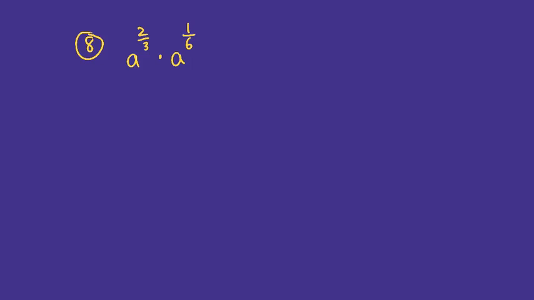Number 8, a to the 2/3 times a to the 1/6. If we're multiplying, we got this little dot in the middle, so we're multiplying the same base, which is a. Multiplying the same base, we're going to add the exponents.